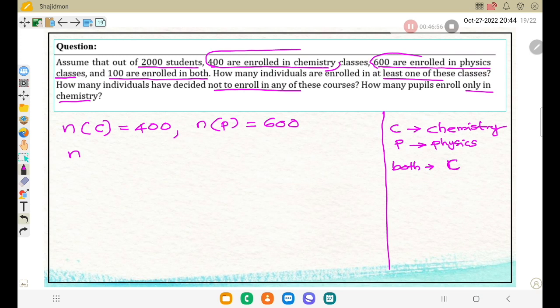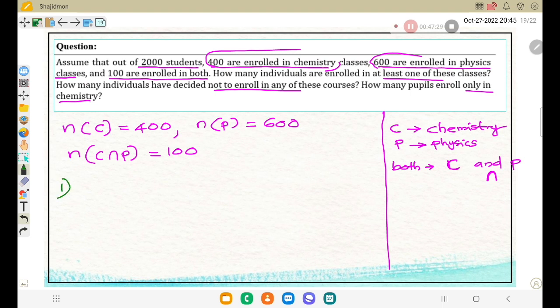Physics and chemistry, and means intersection. Keep in your mind, and means intersection, because for both, they should enroll in both courses. Chemistry they should enroll, physics they should enroll, both. That means chemistry and physics. Okay, both. So number of chemistry intersection physics equals how many? 100. Correct? Now, what are the questions now we can see? What is the first question telling?